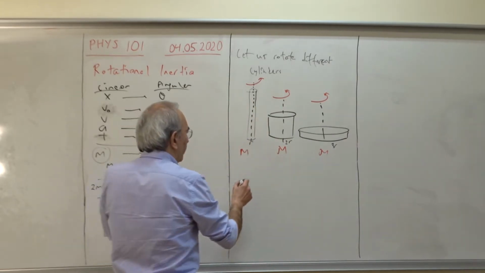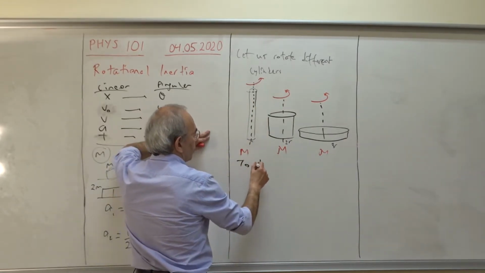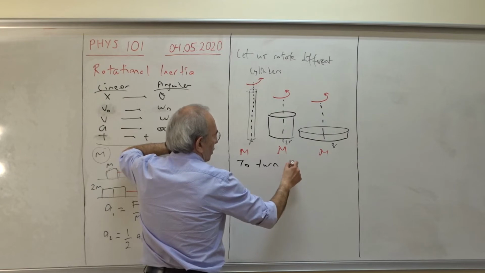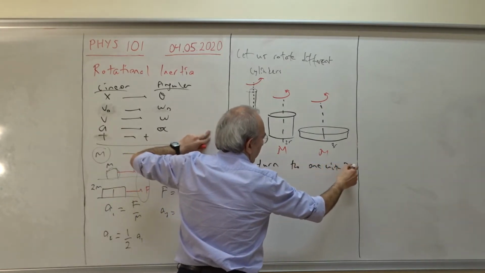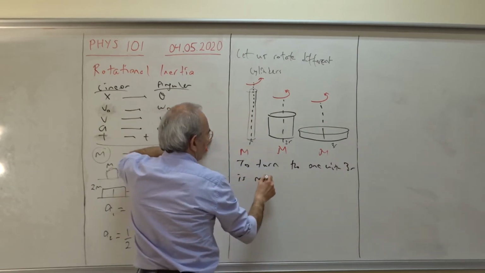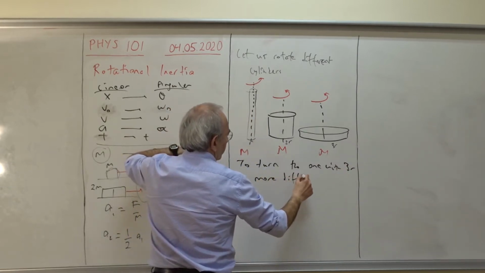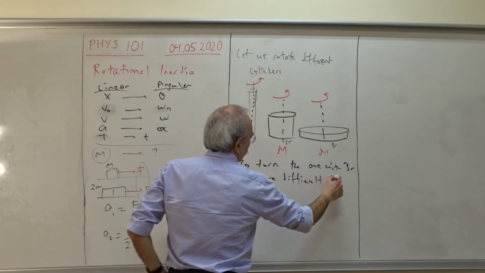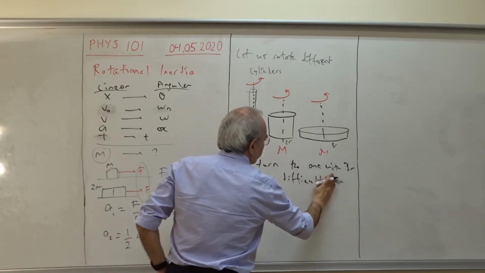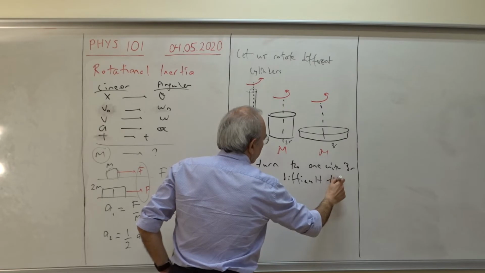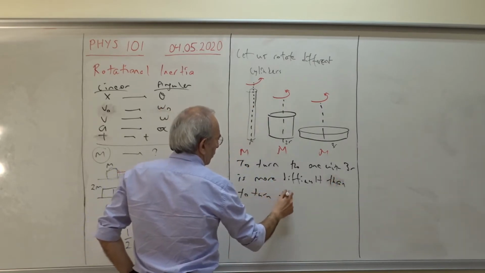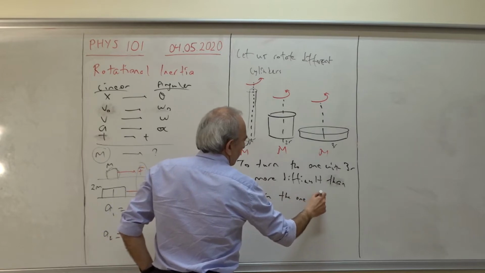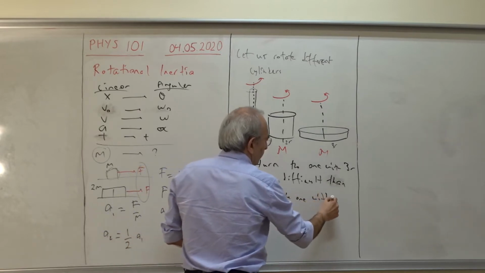Now, to turn the one with 3r is, of course, more difficult, harder than to turn the one with r.